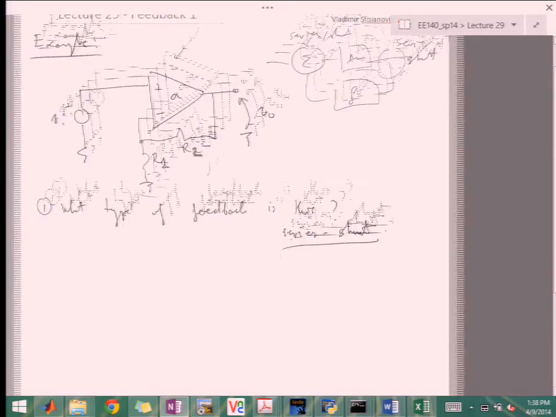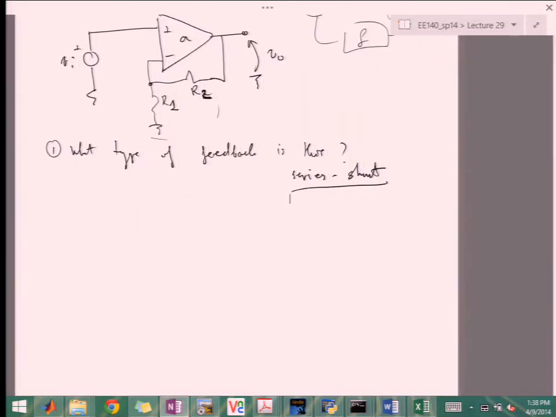Okay, so let's take a look at how we can massage it so it fits into what we've shown earlier.